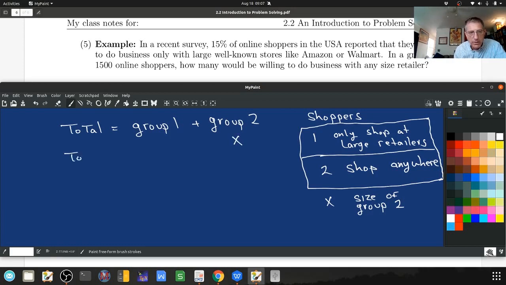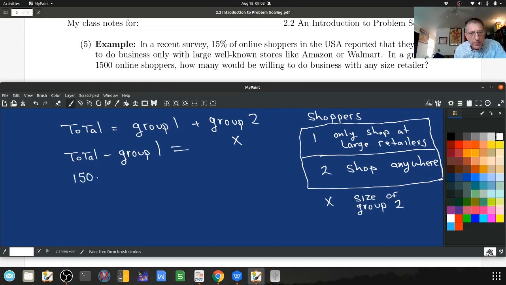So the total minus the number in group 1 is equal to X, because I just replaced group 2 with X, and I solved for X by moving the number of group 1 to the other side of the equation. So how many total online shoppers do we have?